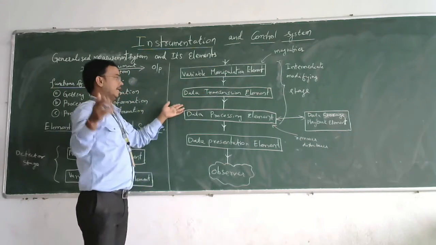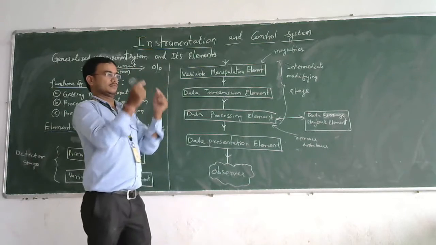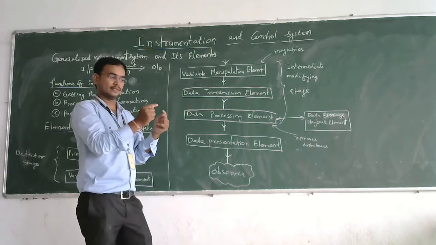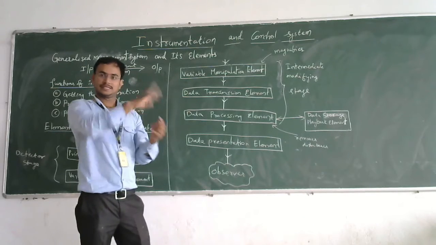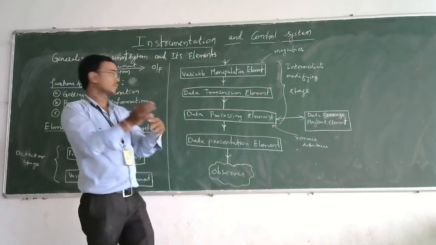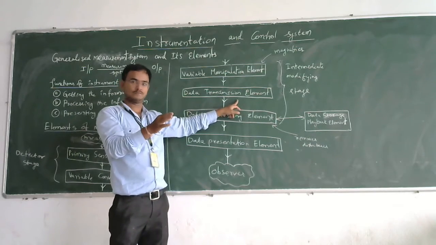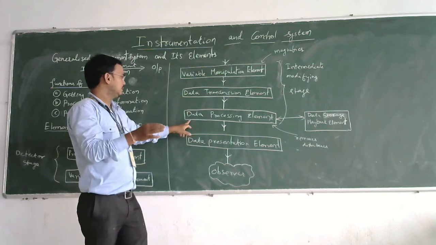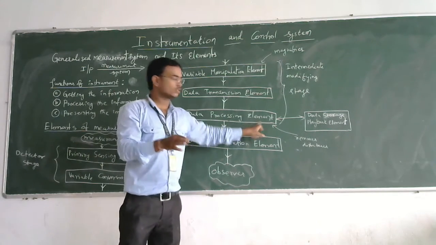Next, data transmission element. Again, data must be transmitted from a gear to a shaft, or shaft to a gear, a sector to a pinion, or a pinion to a sector. So the data transmission element should be there. Next, finally, the data processing element is there.